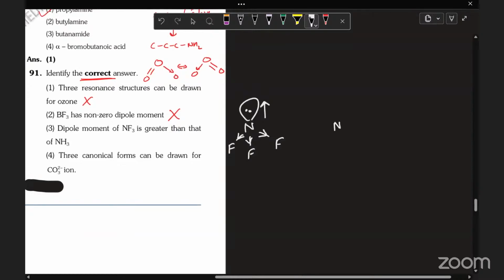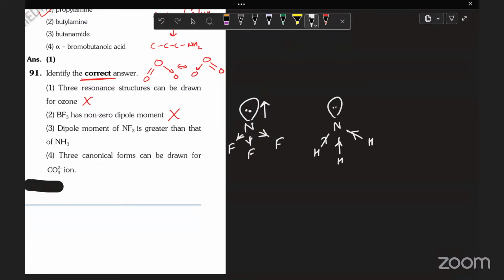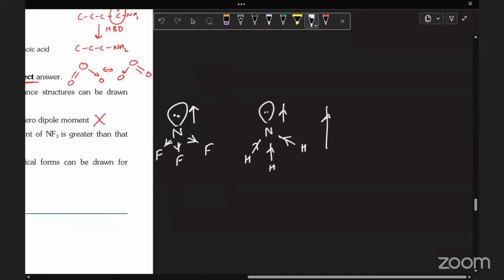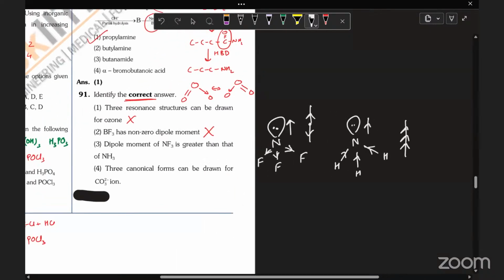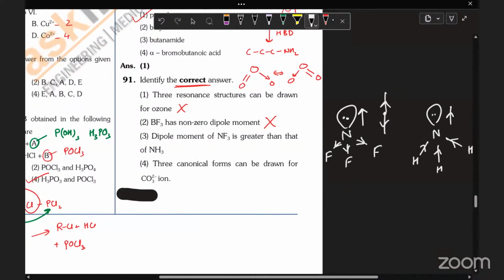Whereas for NH3, the dipole moment is towards nitrogen, upward direction, and for the lone pair also it is upward. So there, the addition of the vectors is going to take place. The dipole moment just adds up in this case, and that's why NH3 has a higher dipole moment, whereas in case of NF3, the dipole moments will get cancelled. So NH3 will be greater than NF3 in terms of dipole moment, but the statement says reverse. That's why it is incorrect.